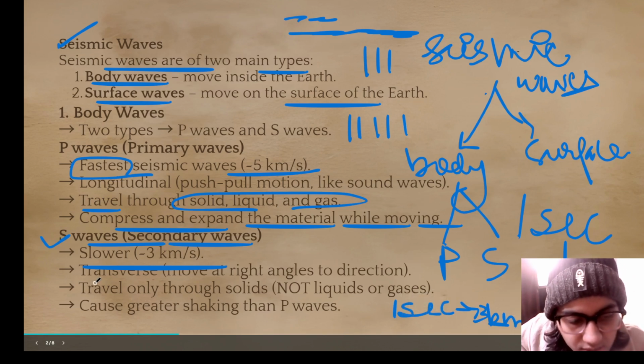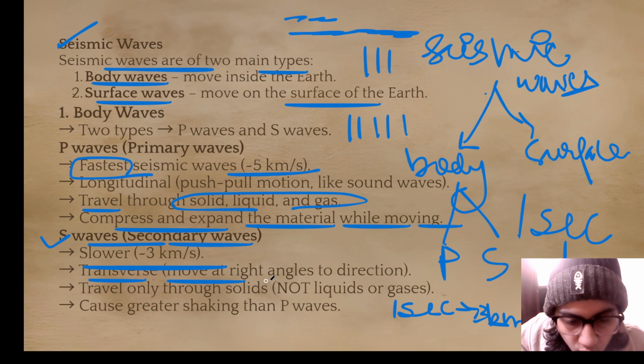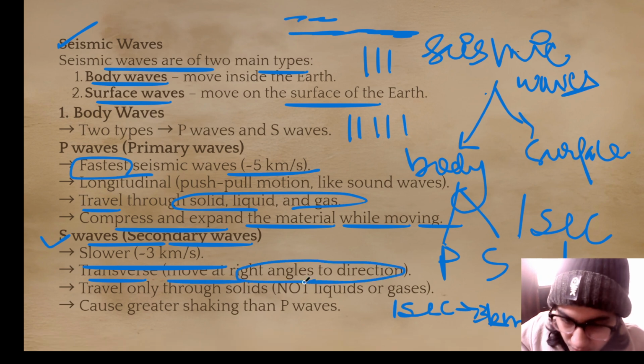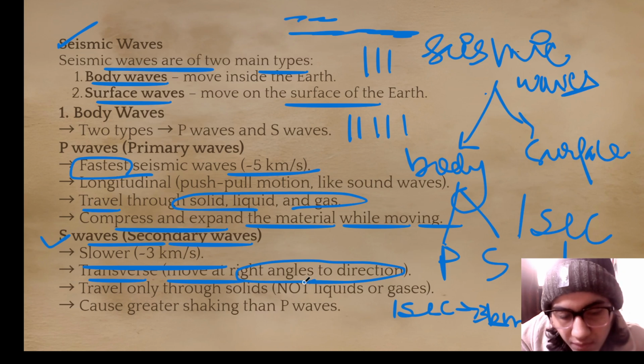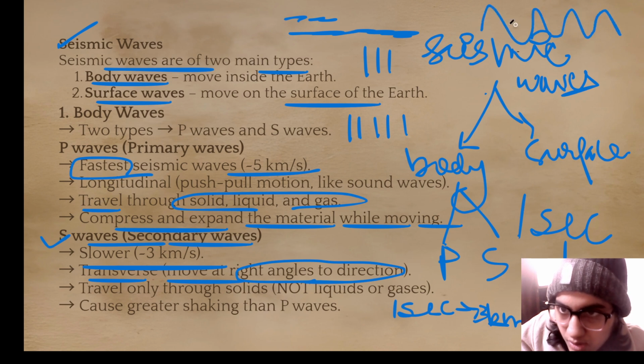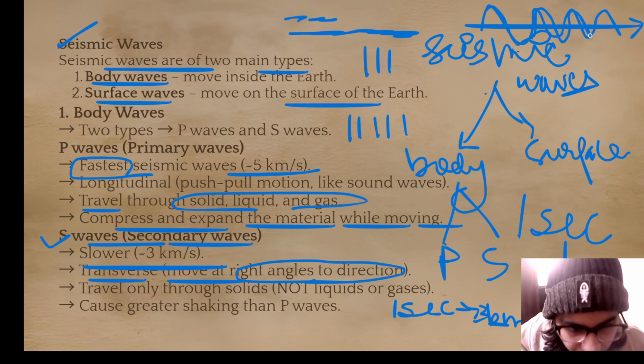So how does it travel? Transverse, that is, it moves at right angles to the direction. So it travels similar to light waves. Right angles like this. So this is the direction, and it moves like this at right angles.